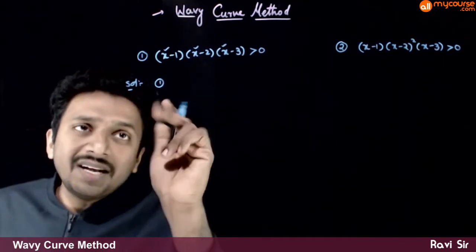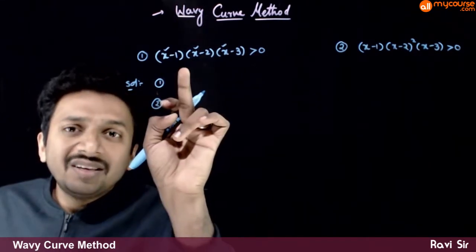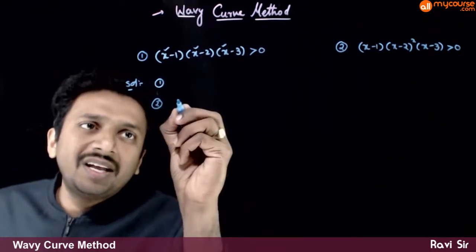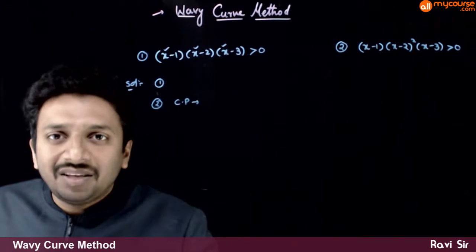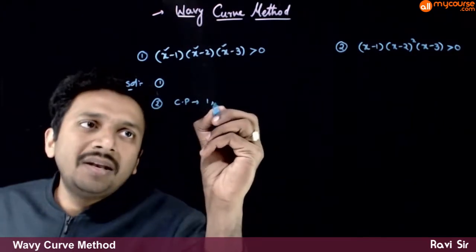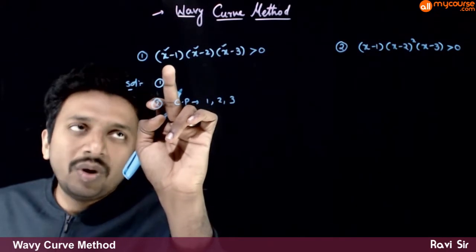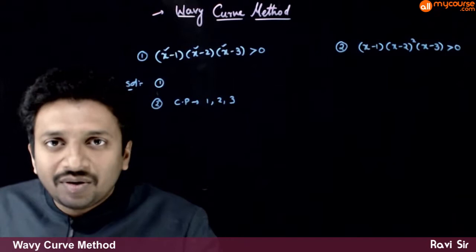Now, in the second step, we identify the critical points. The critical points are the points where each of the factors is 0, that is 1, 2 and 3. This factor is 0 at x equal to 1, this factor is 0 at x equal to 2, and this factor is 0 at x equal to 3.